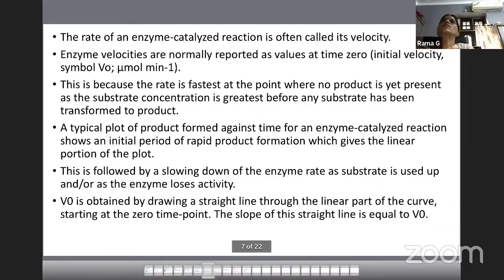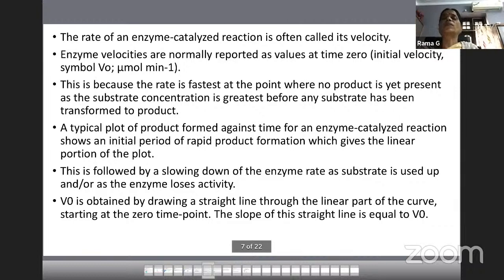With the influence of the enzyme, by lowering the activation energy, all the molecules participate in the reaction at that time. That's why the number of substrate molecules is more, since the transformation to product process wasn't started.